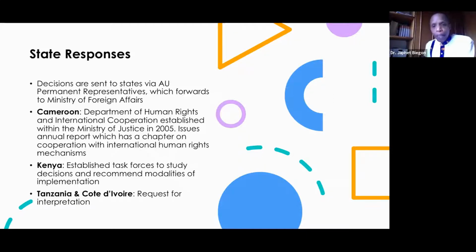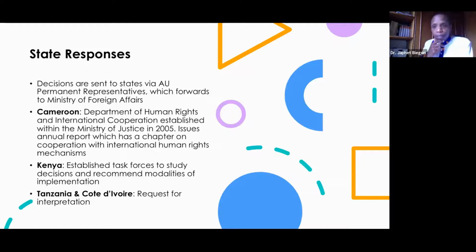I know Kenya has also recently established an interministerial committee that is responsible for developing all its reports that are submitted to regional and international human rights bodies. Unfortunately, reading through the terms of reference, it does not include reception and coordinating implementation of decisions from these regional and international courts.